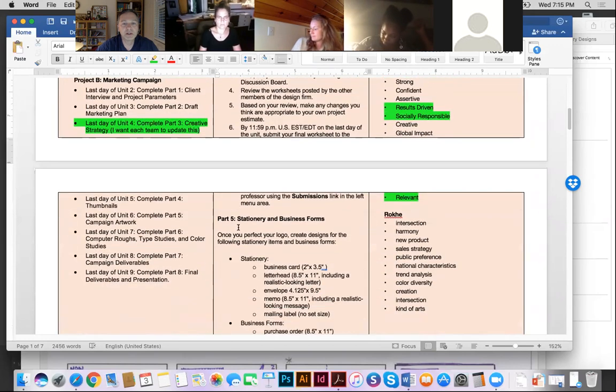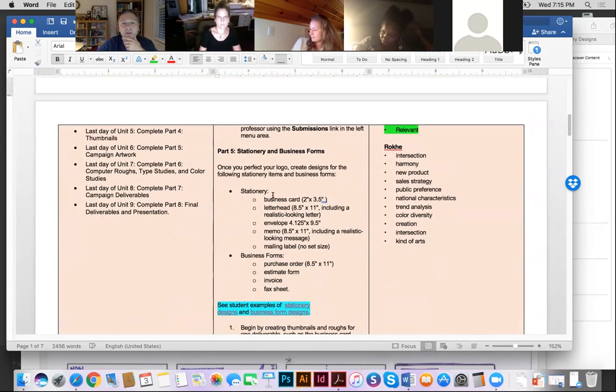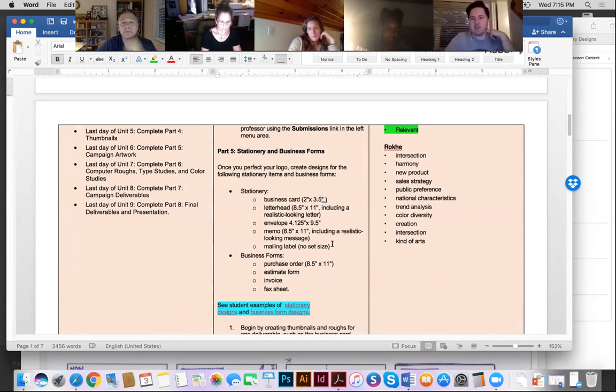The descriptions of stationery. Any questions, guys, about the stationery pieces? Do you know what a mailing label is, or how it's used? I know I had some examples, but I don't even know if they were shown used properly, to tell you the truth. Like a mailing label would be for a larger envelope or a box that you put it on. Exactly.